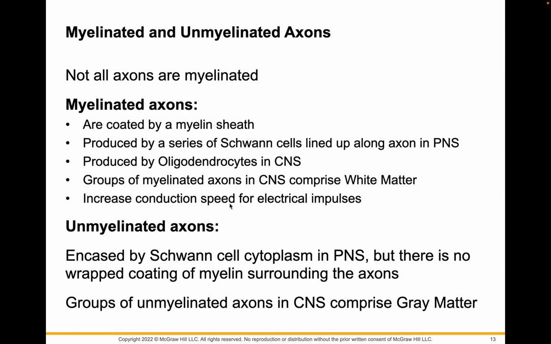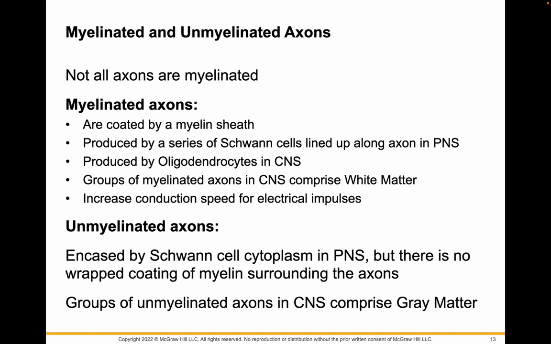When you see groups of myelinated axons in your central nervous system, whether it's in the brain or spinal cord, it's oligodendrocytes, right? Because oligodendrocytes are what cause the myelination in the central nervous system. But that's what white matter is. So maybe you've heard of white matter in the brain. All that white matter is myelinated axons. And what does myelination do? It increases the speed for these impulses.